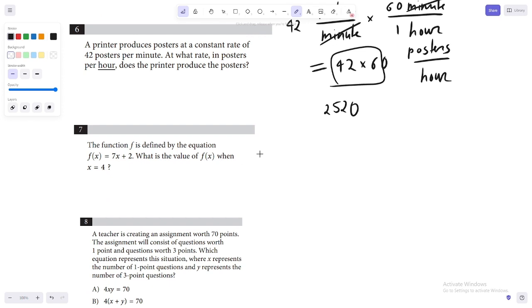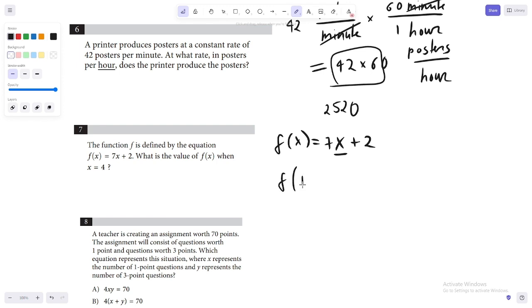The seventh question. We have the function f defined by the equation f of x equal to 7x plus 2. What is the value of f of x when x equal to 4? Now, to solve this, all we have to do is to plug in 4 in the place of x right here.